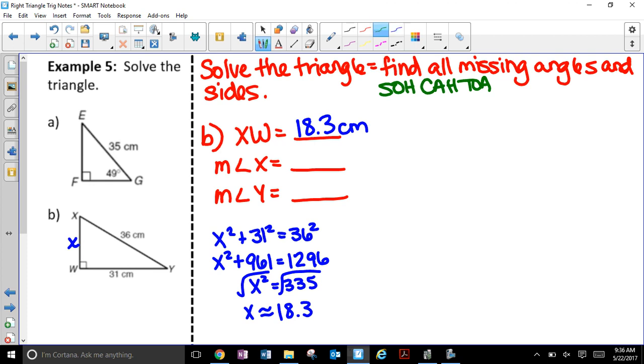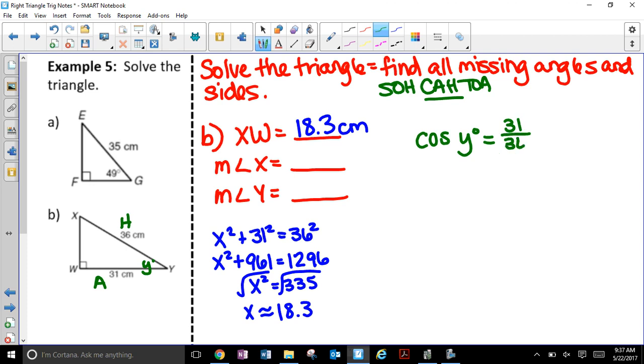Let's say I want to find angle y. So I'll just put y degrees first. Okay. So with respect to this angle y, 31 is the adjacent leg, 36 the hypotenuse. So then adjacent with hypotenuse is cosine. So cosine of y degrees, we don't know how many degrees that is going to be, equals adjacent 31 over the hypotenuse 36.